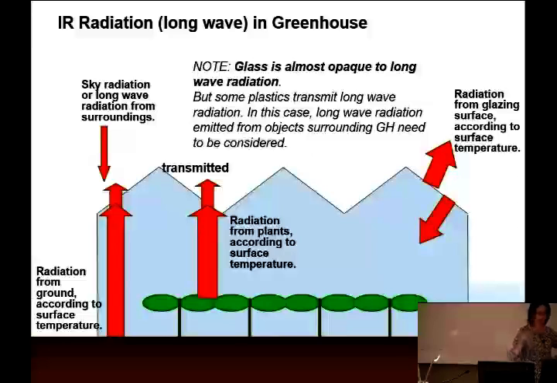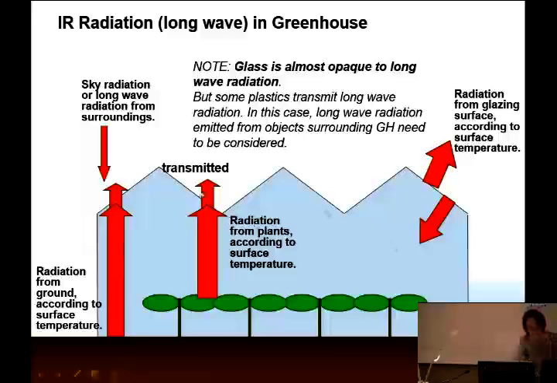And emissivity is the optical parameter determining how much long wave radiation potentially comes from that surface. So the plant surface, ground surface, any surfaces you have in the greenhouse emit long wave radiation constantly, right? But during the nighttime, that's going to be the main component of the radiative energy loss. So that's why we need to understand it a little bit better.